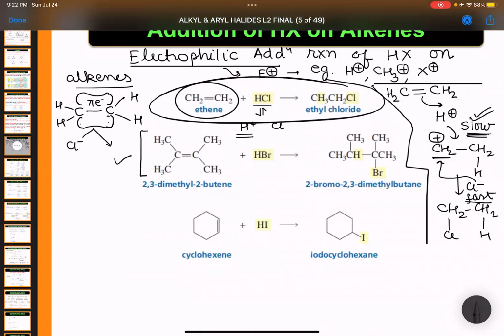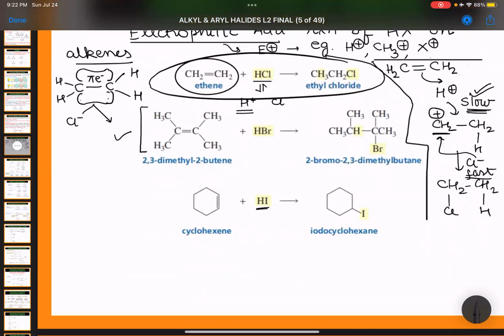Similarly, HI you can add, so H plus will come, but you need to think of this mechanism only if someone asks you, or it is a mechanism related question. The H plus will come and it will join itself by taking the pi electron density. You will have this kind of thing.